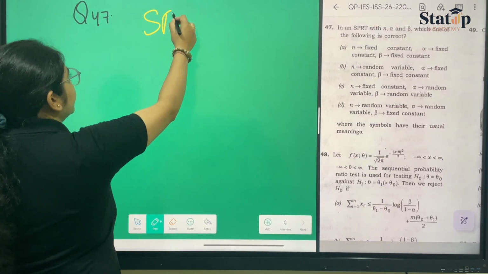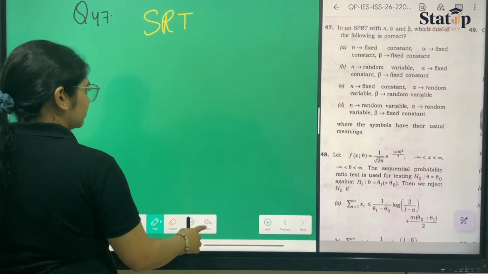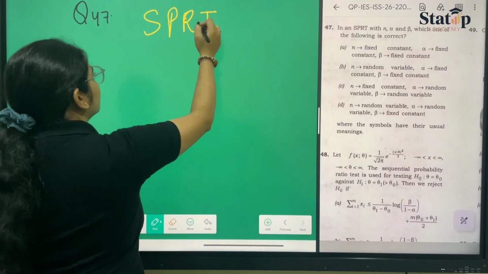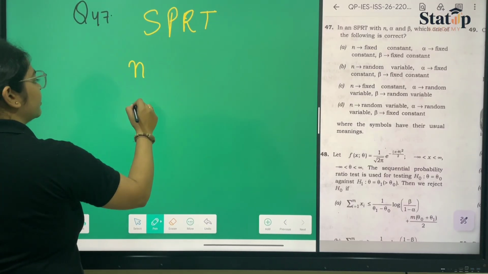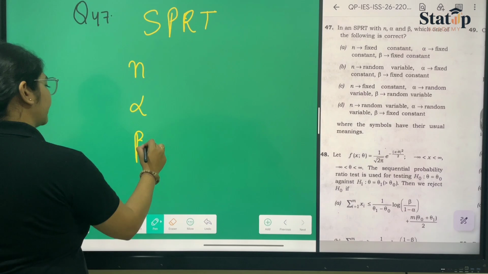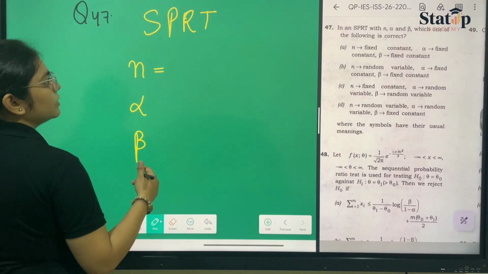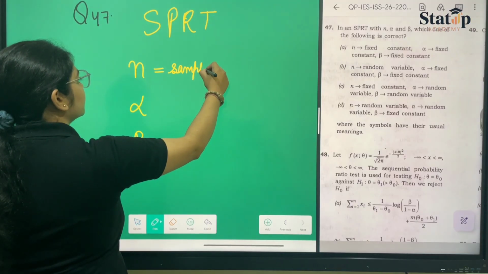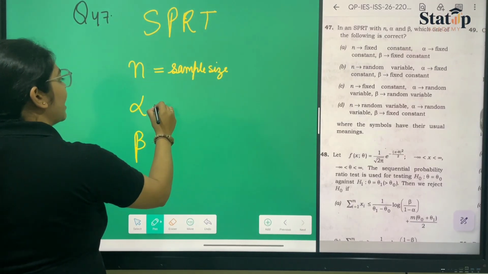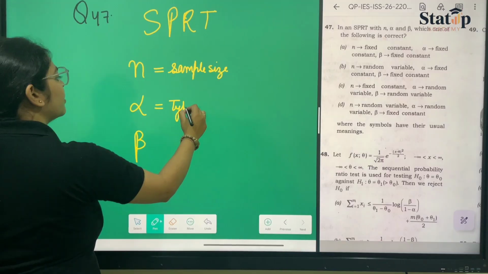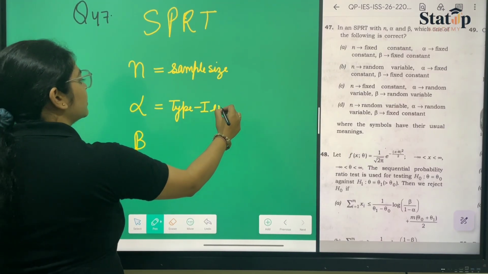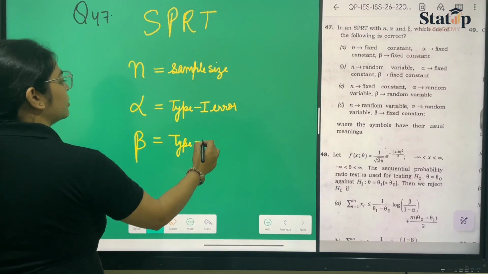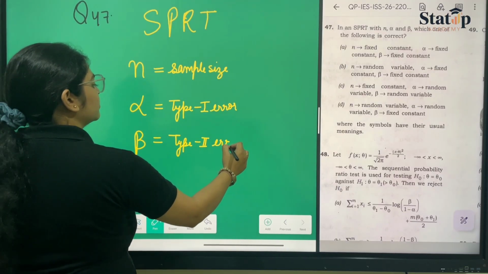In SPRT, we have been given three terms: n, alpha, beta. n is the sample size, we can say. Alpha is the type 1 error and beta is the type 2 error.